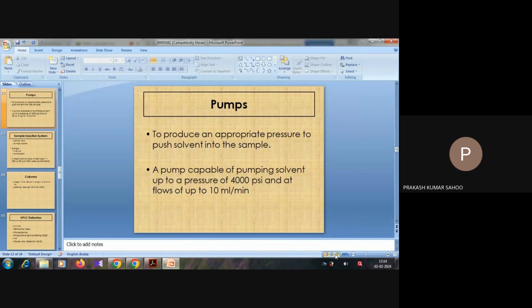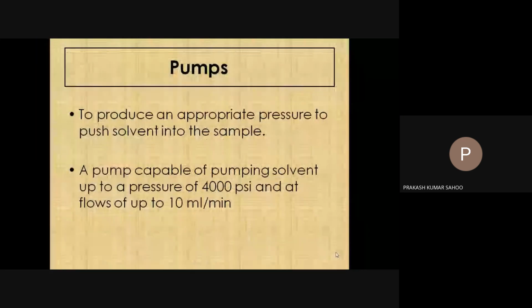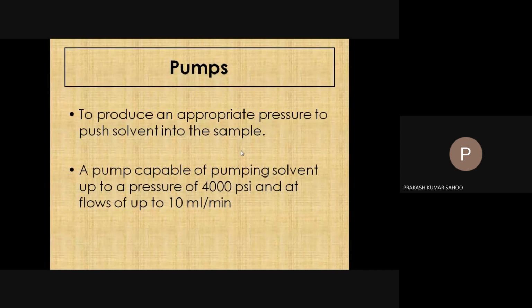So then we have the second one, that is the pump system in our HPLC machine or instrument. It will produce an appropriate pressure to push solvent into the sample. It is the role of the pump to generate the required pressure to push the solvent into the sample.